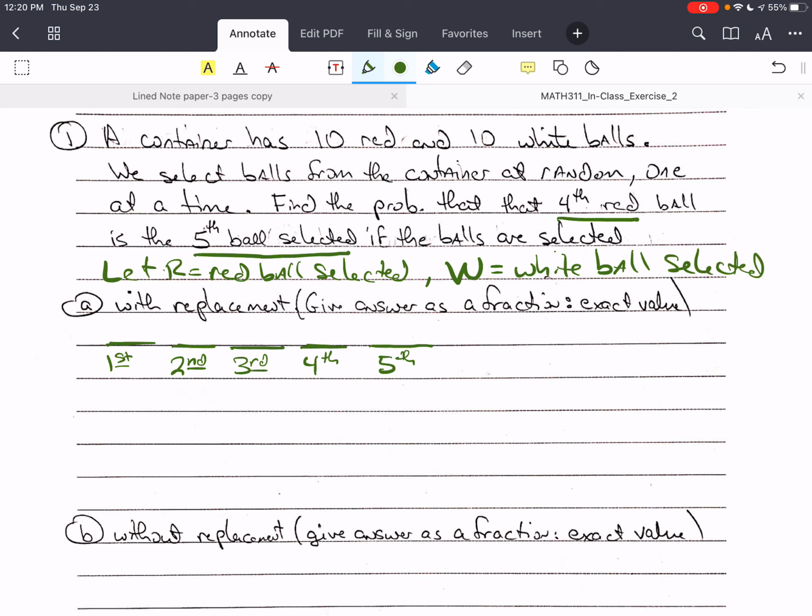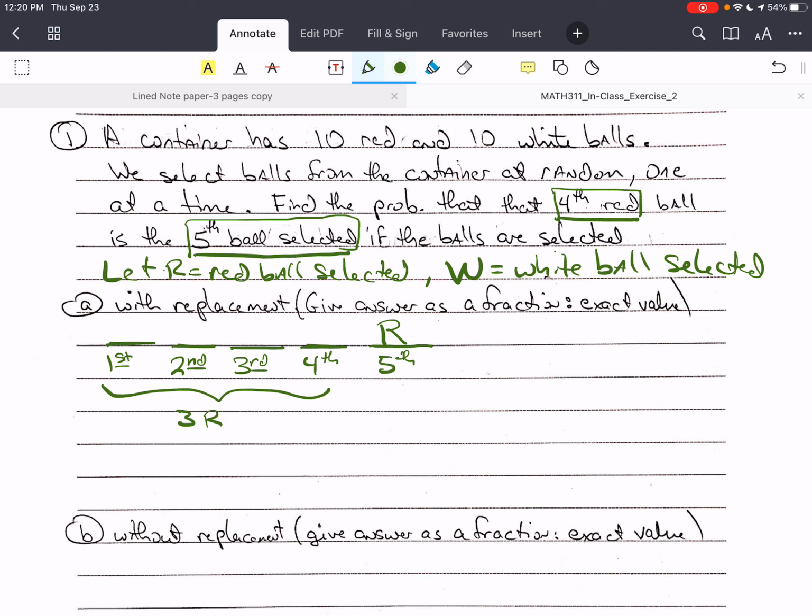So the fifth ball that we select has to be a red. So that is given. And we're saying that there are 4 red balls out of 5. This tells us that out of the first 4, there have to be 3 red balls selected.